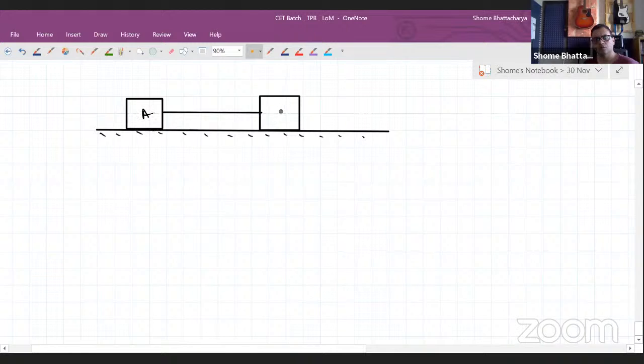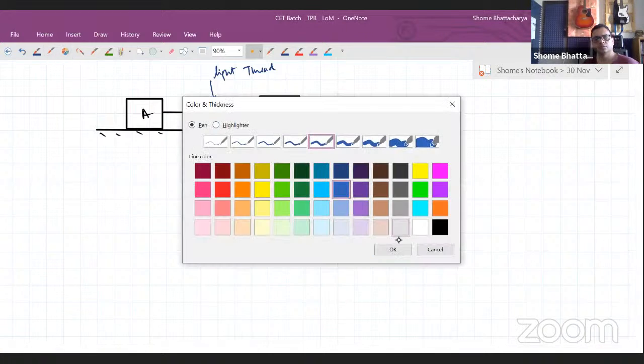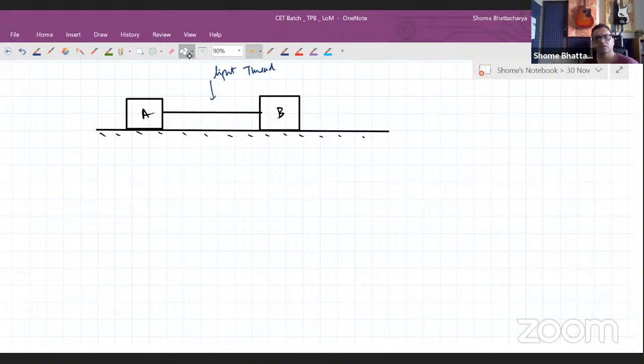So we have these two blocks, and we have a light thread connecting the two blocks. And now we are pulling this combination of blocks from one side with a horizontal force F like this.